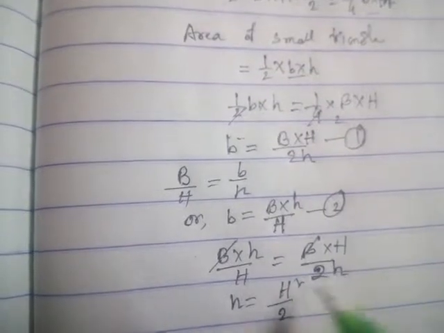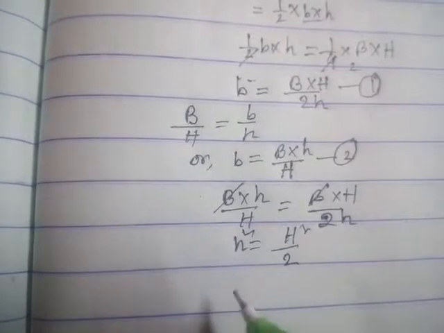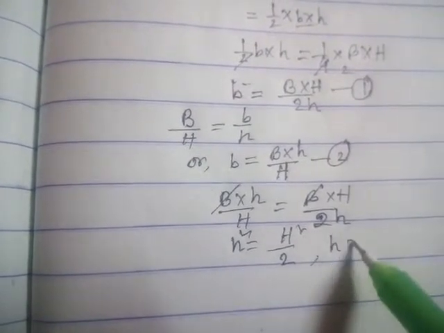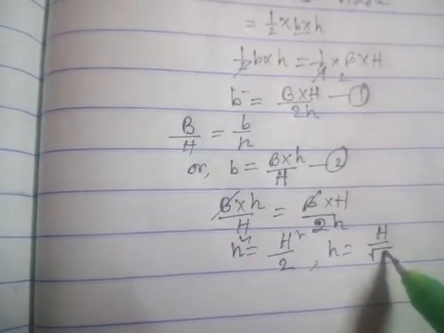Okay, so from this it will be h square equals capital H square by 2, so small h equals capital H by root 2.